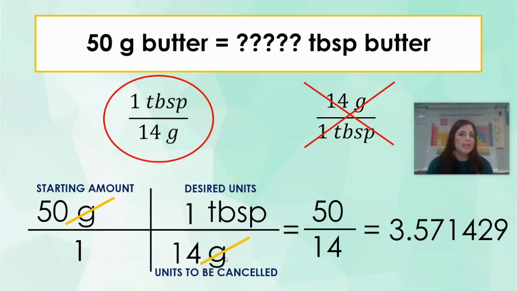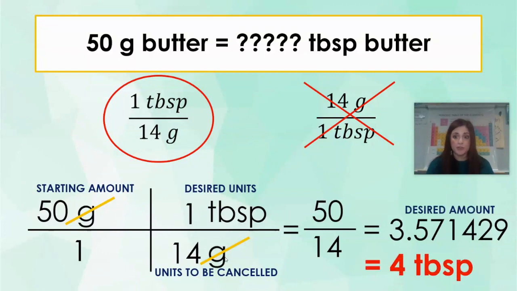Remember, we can't be as precise as the least precise part of this measurement. That 50 grams actually only has one significant figure. So we would round 3.571429 to one significant figure. We would round that to 4 tablespoons actually.